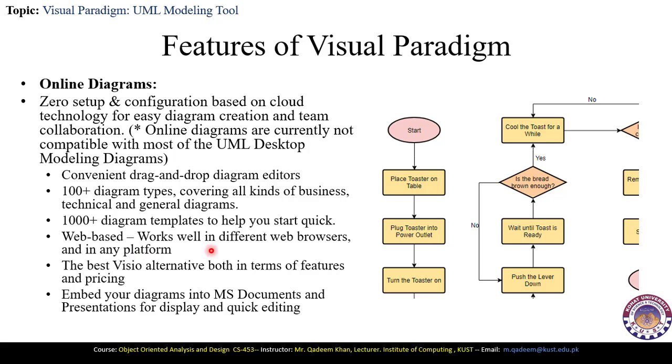We also have the web-based and browser-based version of Visual Paradigm, which is online, and the best alternative both in terms of features and pricing. It is embedded into Microsoft documents and presentations for display and quick editing. So you can just use Visual Paradigm online as well.